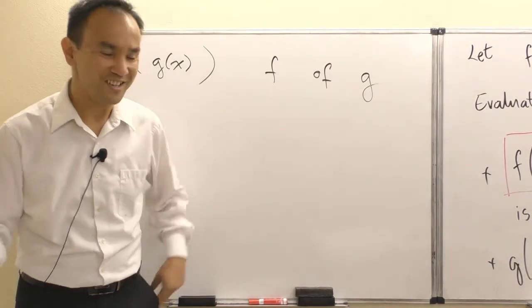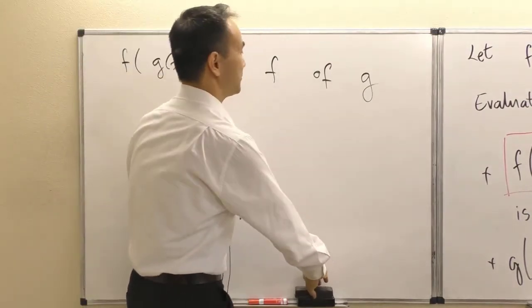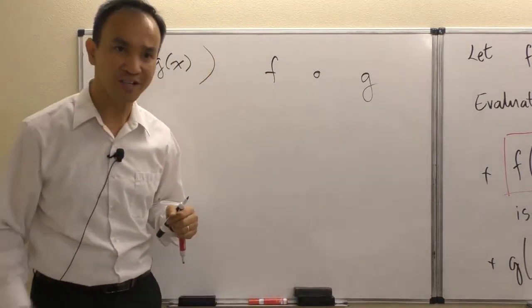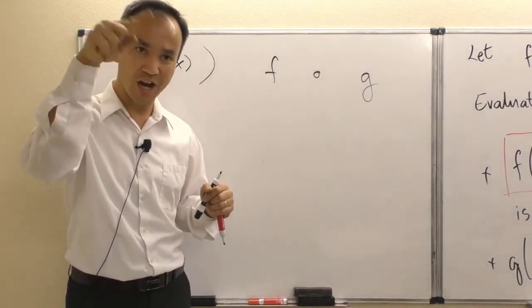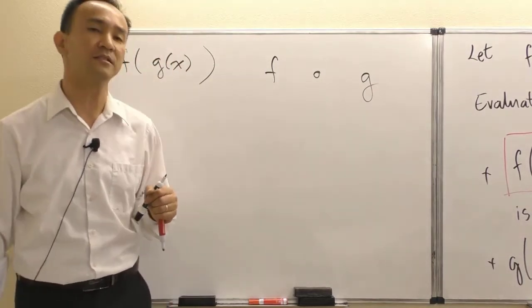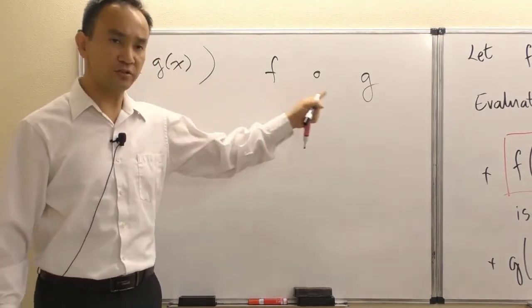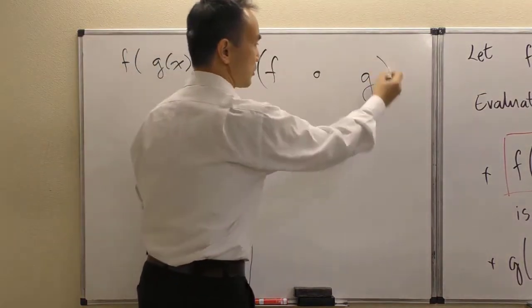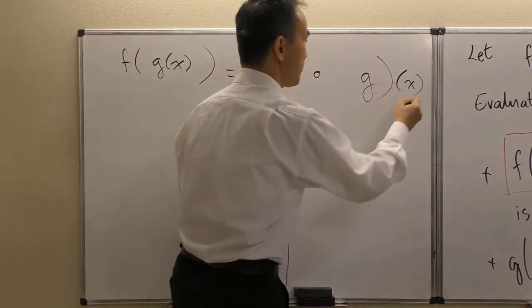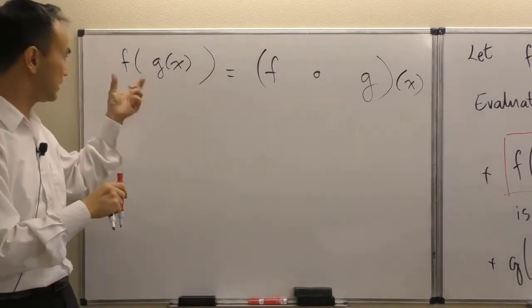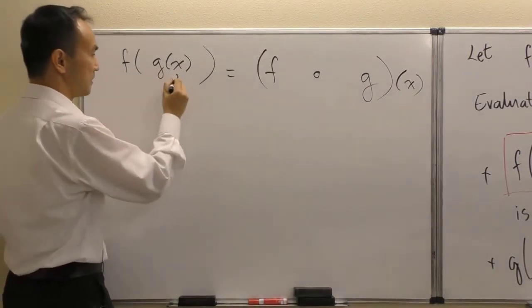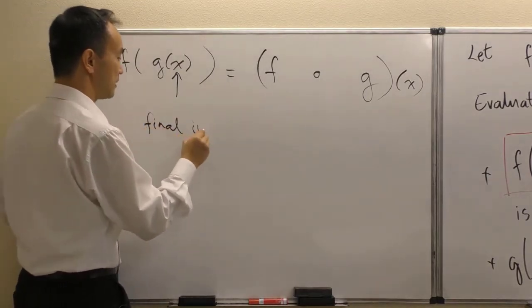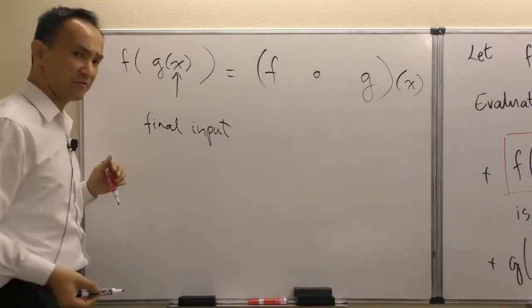So, ladies and gentlemen, I introduced for you f circle g. The circle really came from the word of, but we erased the letter f. So now f circle g right here as a notation, and then the final input. See, the work I've done earlier with this right here, this final x is the final input.